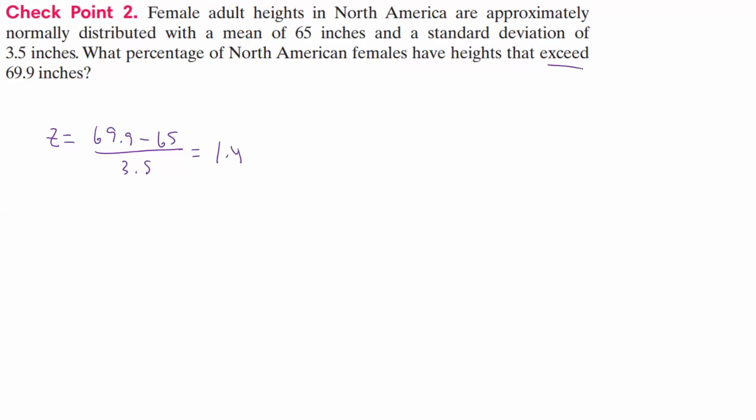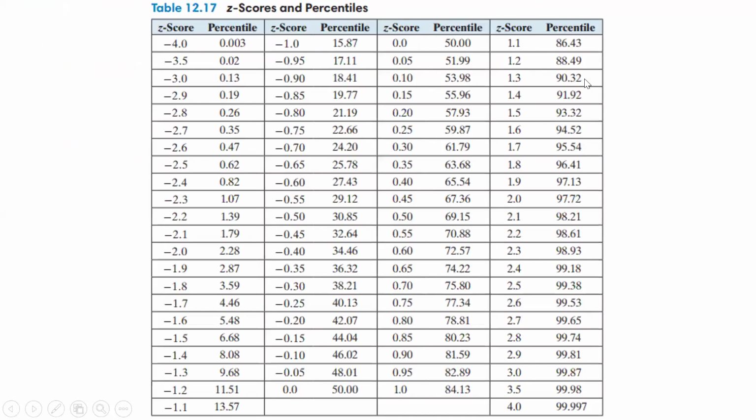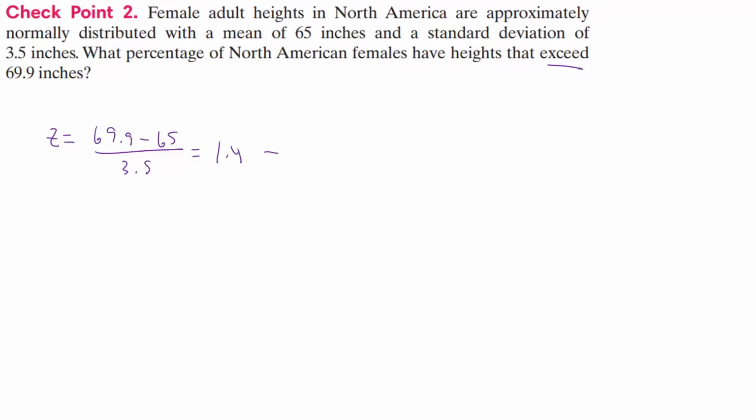Now I want it to exceed that, and 1.4 gives me 91.92, which means this corresponds to 91.92% or less.